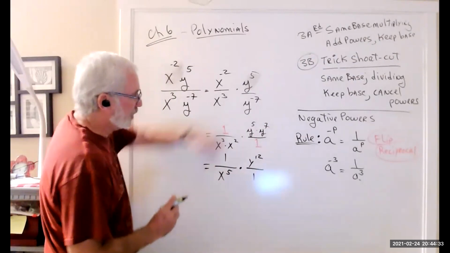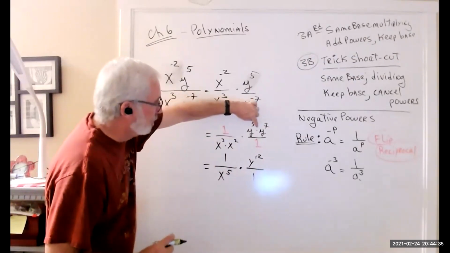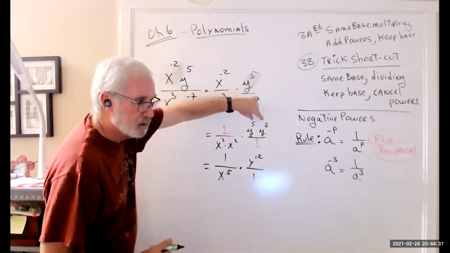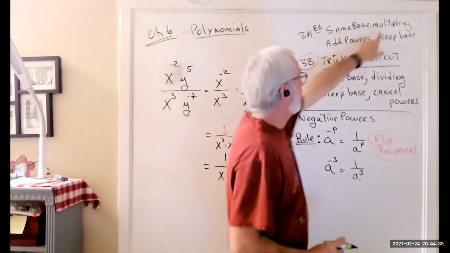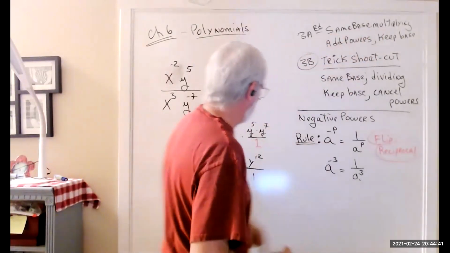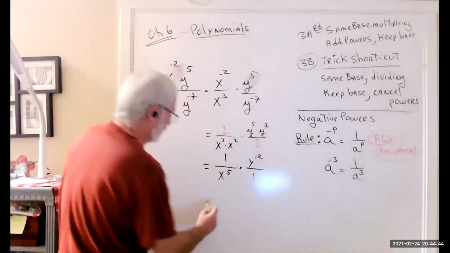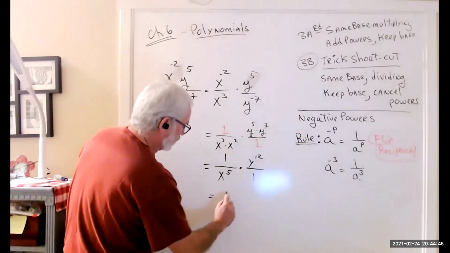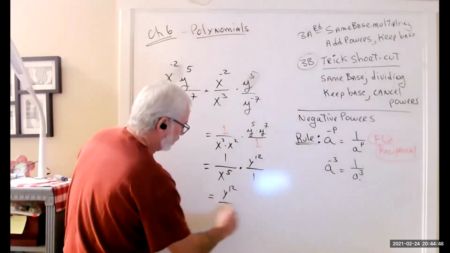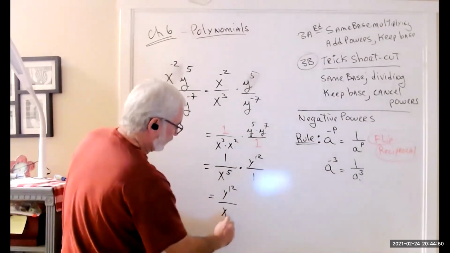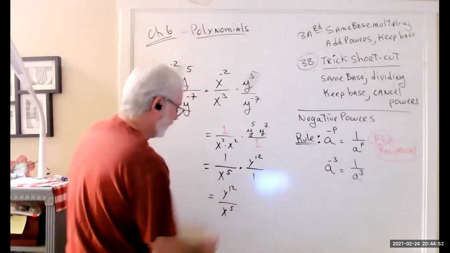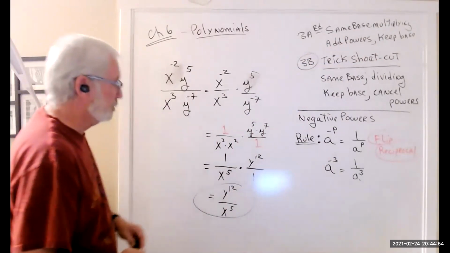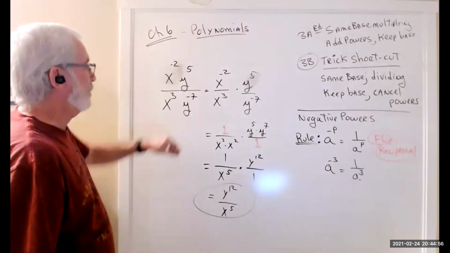Okay, because they were the same base multiplying, so we add their powers, but keep their base. Now shove all this back together, and the final answer is y to the 12 over x to the 5. And that is your final answer. So what happened?